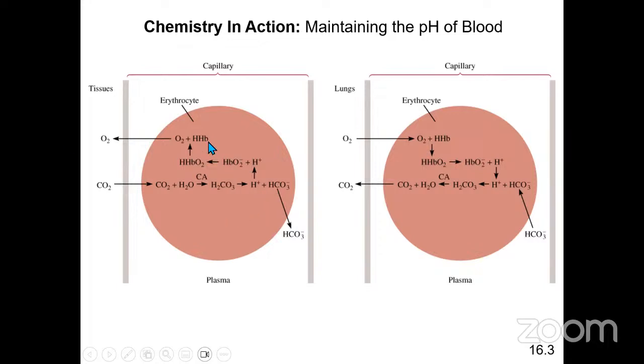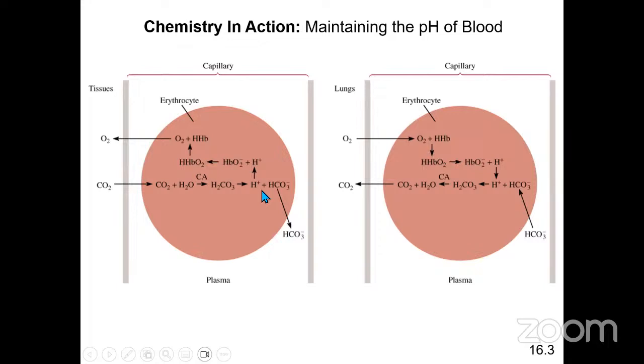The next step, because oxygen is being delivered to the tissues, is that the concentration of H+ will be decreased, because the H+ will be needed to react with the oxygenated hemoglobin molecule to form this, which eventually results in the release of oxygen to the tissues, all right? So basically, as this reaction is taking place, this facilitates the forward reaction from the carbonic acid to the bicarbonate ion.